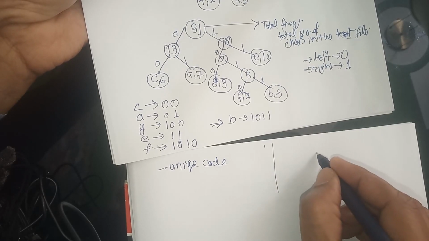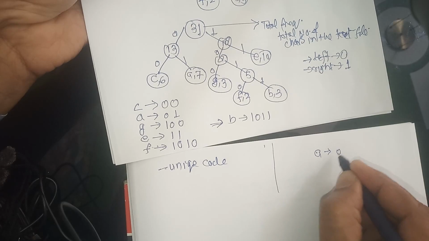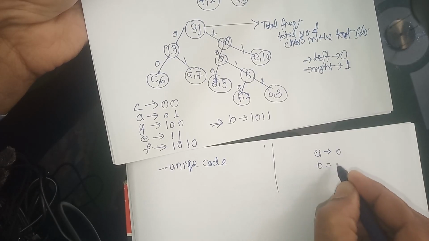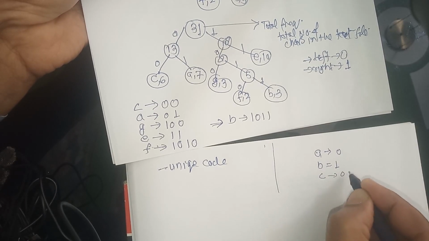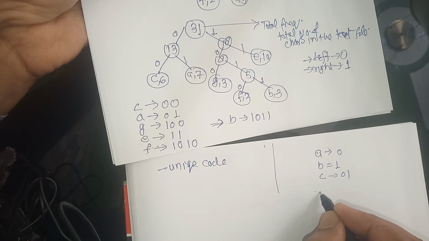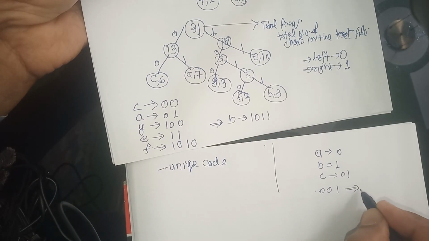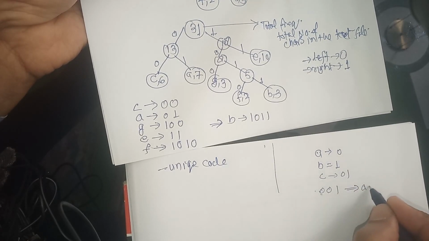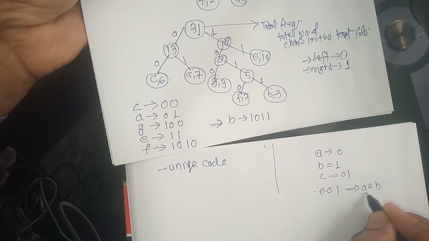We can understand this with an example. Suppose the code for A is 0, the code for B is 1, and the code for C is 01, and suppose the encoded text is 001. So how can this be represented? For the first 0 we can write A, for the second 0 we can write A, and for 1 we can write B. That is one decoding.